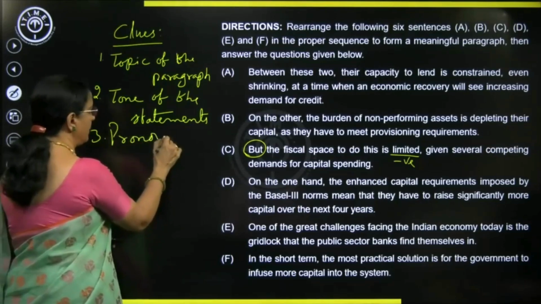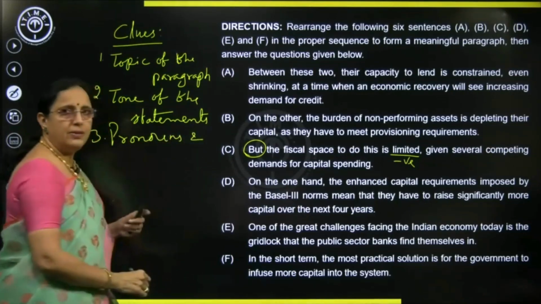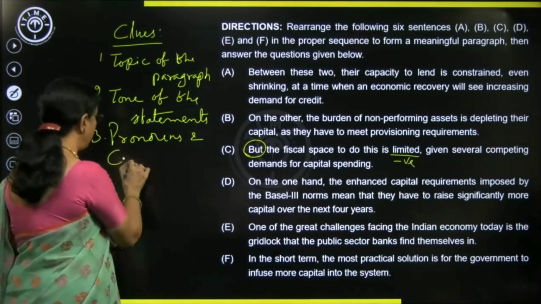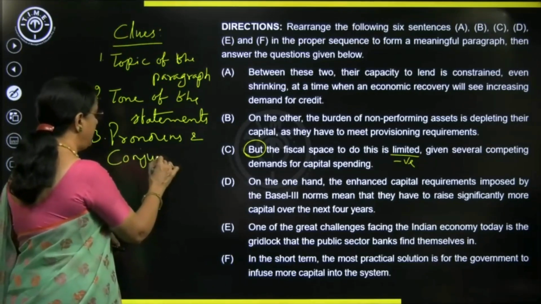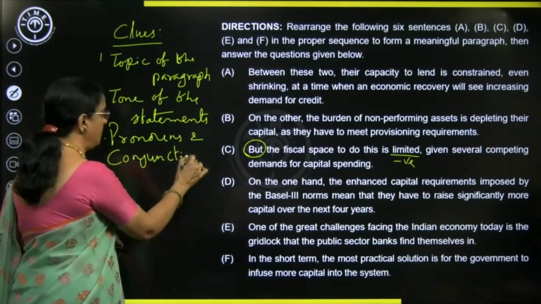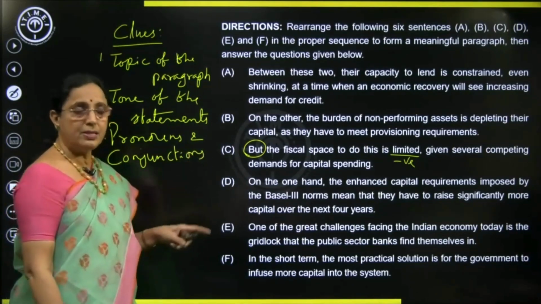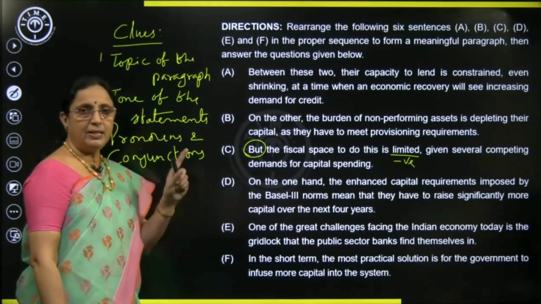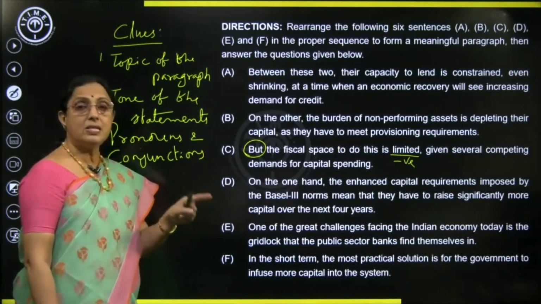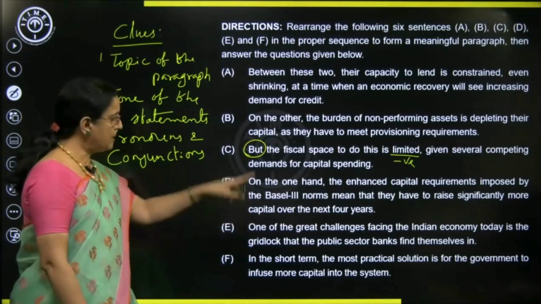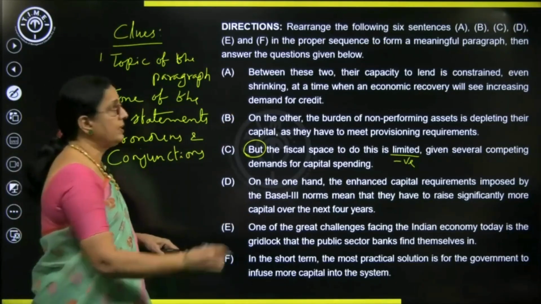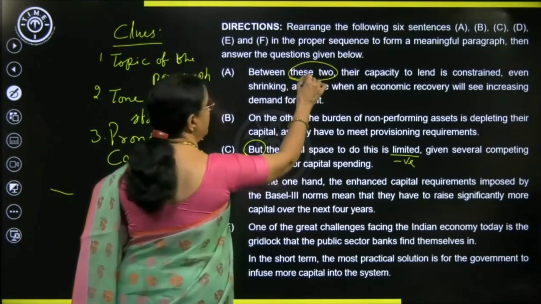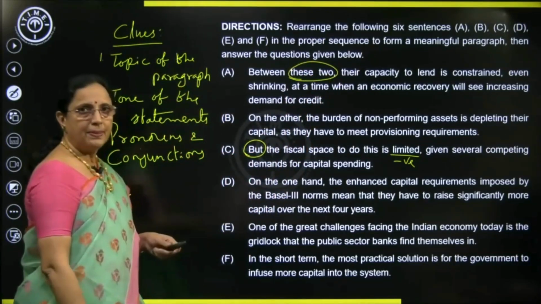Straight structural clues. Pronouns and conjunctions. What are the pronouns that help us? He, she, it, they, this, that, these, those. These help us to connect the statements and form the pairs. Pronouns.